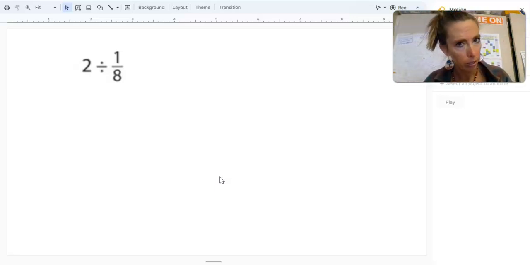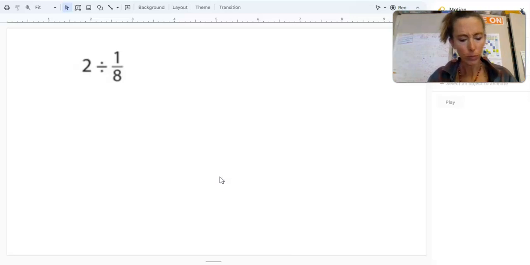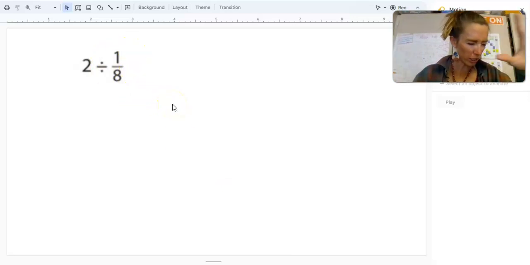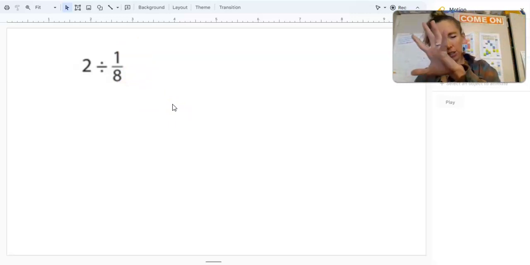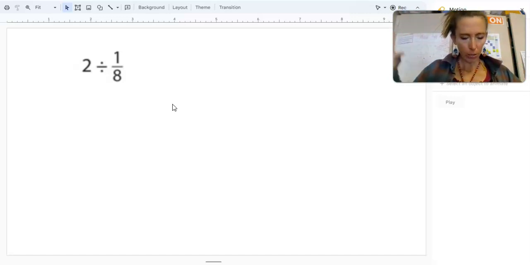That would be weird. Okay, that would be hard. So don't do that. In my mind, I'm thinking 2 circles. And I'm dividing them up into eighths. So I picture that 1 circle cut up into eighths. Take the other circle, cut it up into eighths. Now, how many total eighths are there in 2 circles?